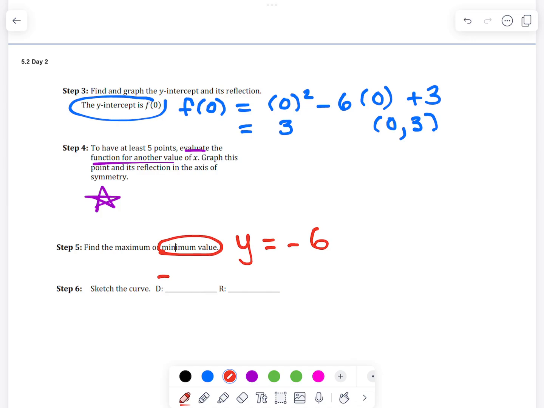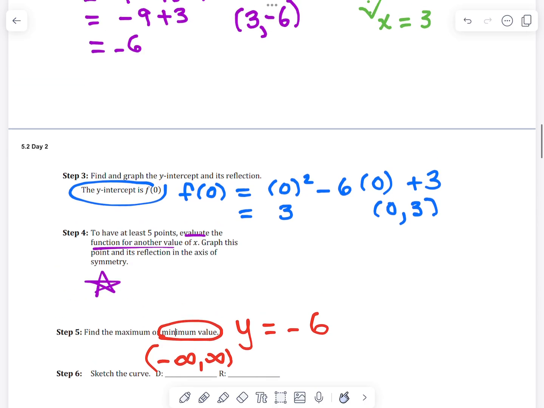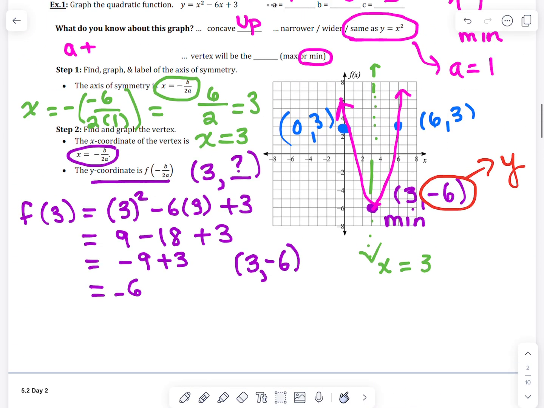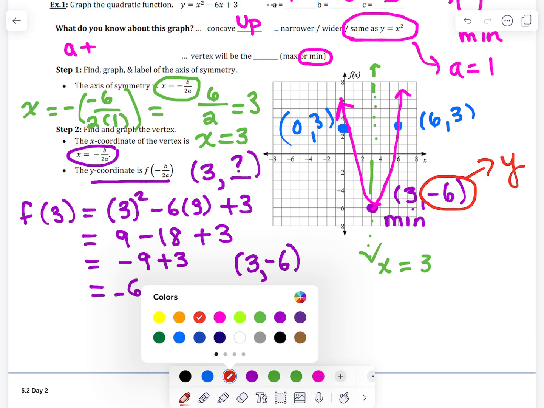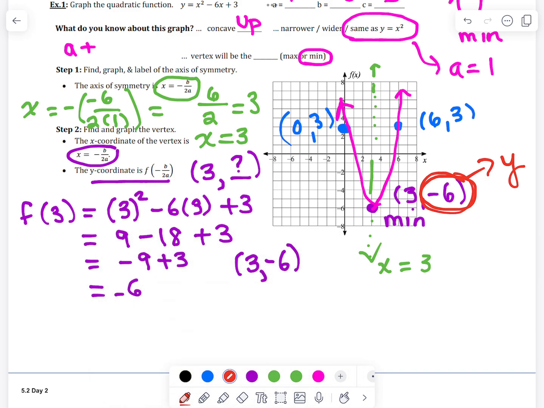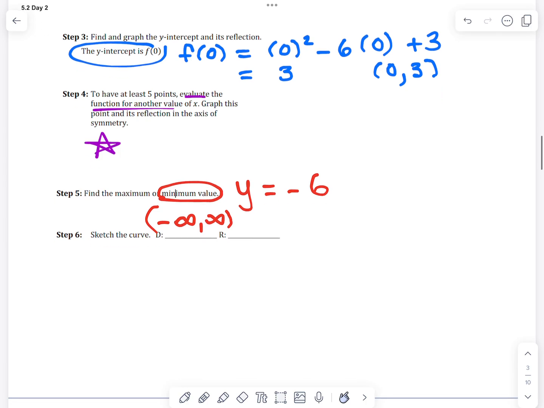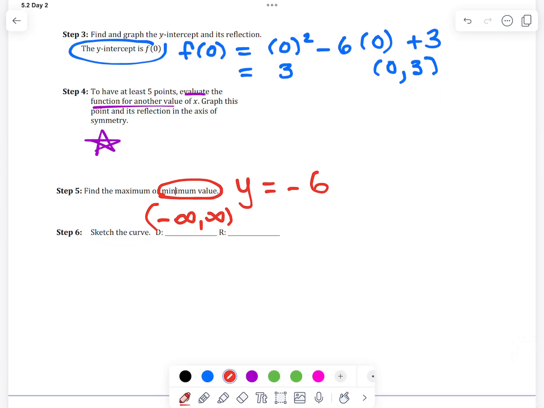So the domain of every parabola is always all real numbers. The range are your y values. So if we look over here on our graph again, the y values start at -6 and then everything higher than that. So here's -6 and then everything above it. So we say our range of values is y greater than or equal to -6.